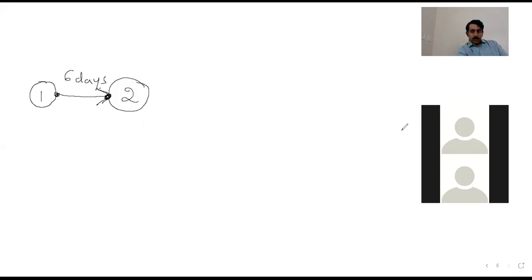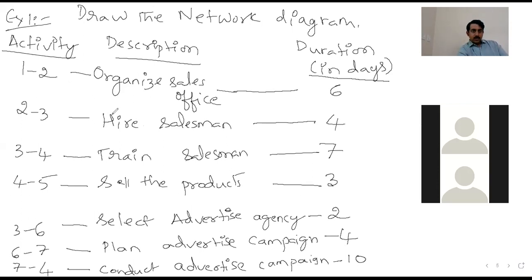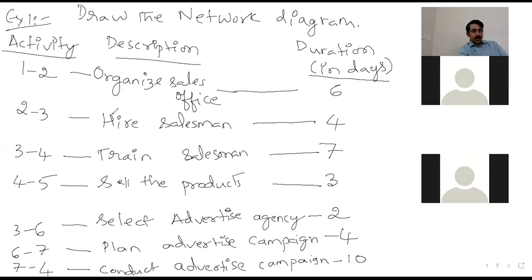Next activity: hire the salesman, correct. So once the sales office is organized, owner himself or herself cannot do all the activities, is it right? So the salesman has to be hired for this activity.